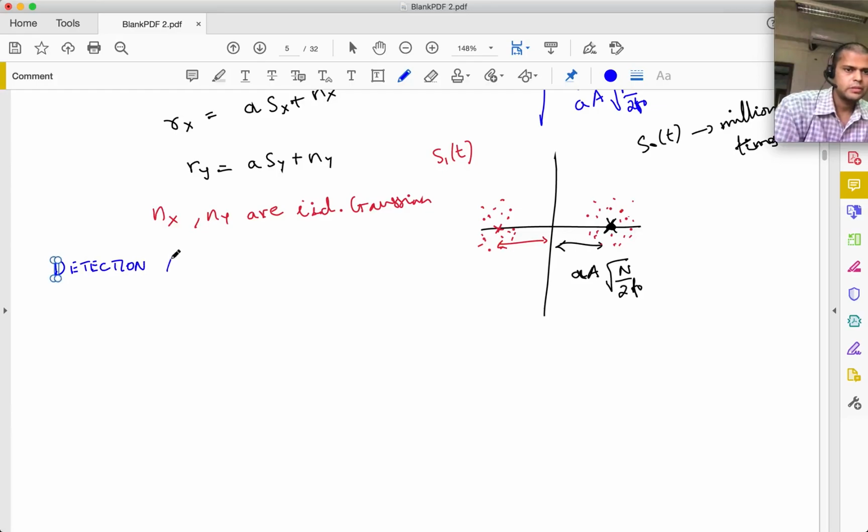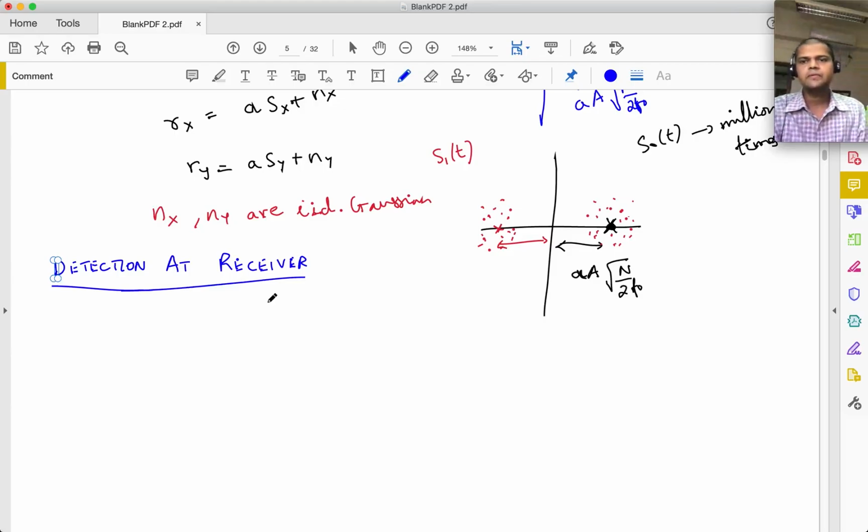So, detection at the receiver. Really, the bit error that we get depends on how the receiver is going to detect the bits. Suppose the received signal is like this. This is what the receiver gets to see, R of t.